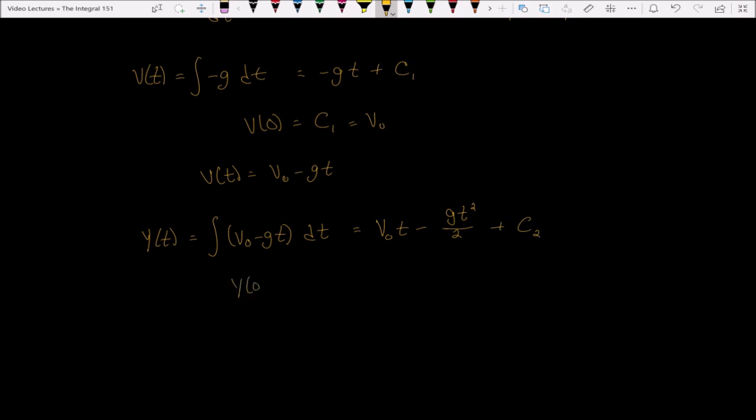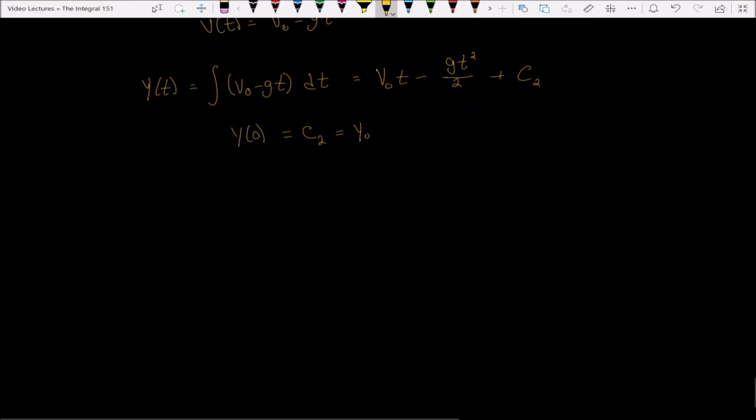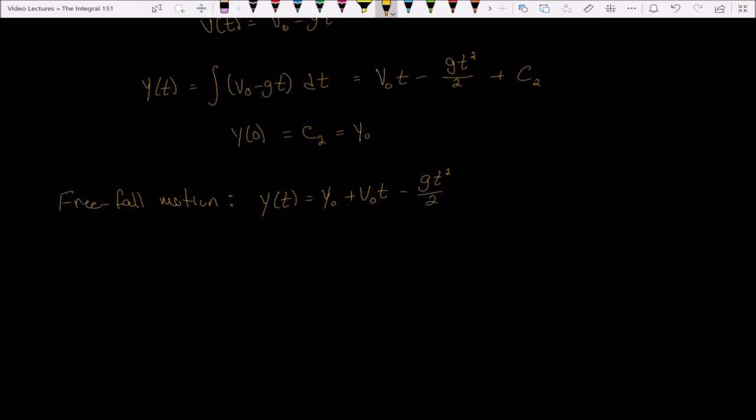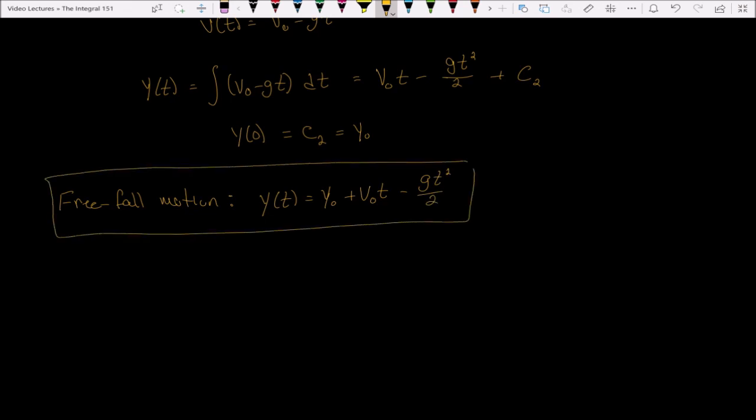Now we know y of 0, based on this, is just c2, but that has to be y naught. So our free fall motion is given by the equation y of t is y naught plus v naught t minus gt squared all over 2. This is a model for free fall motion.